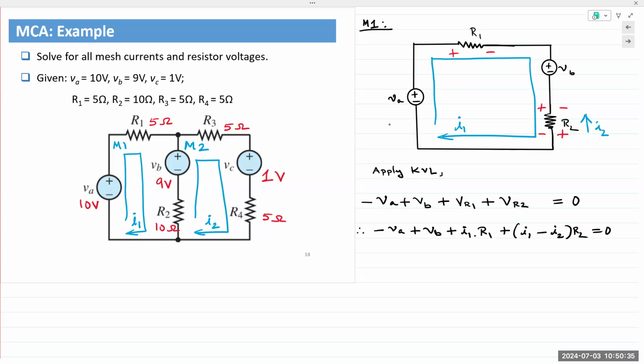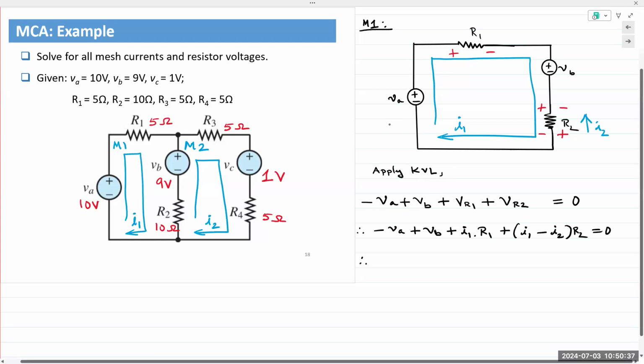Well, at this point, we simply plug in the values. So VA is 10 volts, minus 10 plus VB, which is 9, plus I1 times R1. R1 is 5. So 5 times I1 or 5 I1 plus R2 is 10. So 10 I1 minus 10 I2 is equal to 0.